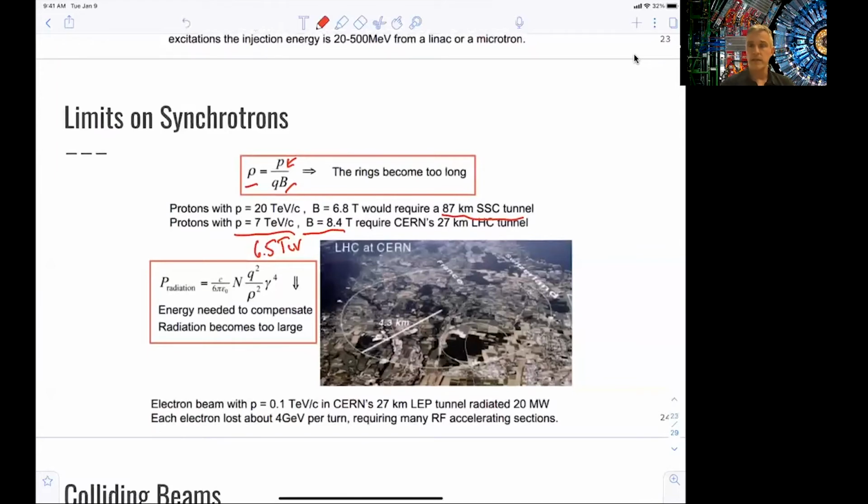The second one is that when you bend a charged particle with a magnetic field, it radiates, and the radiated energy is proportional to E over M to the fourth power, which means that at some point you are limited by the power you have to invest in the beam to even just keep it at a specific energy.